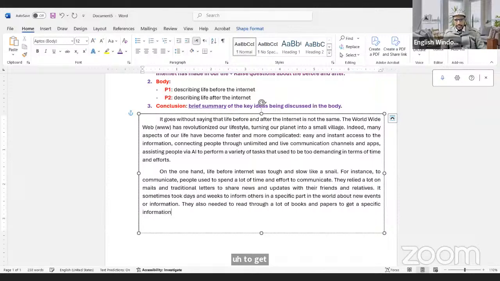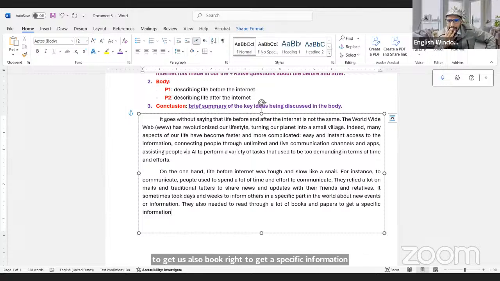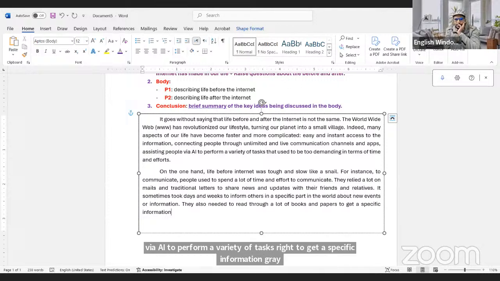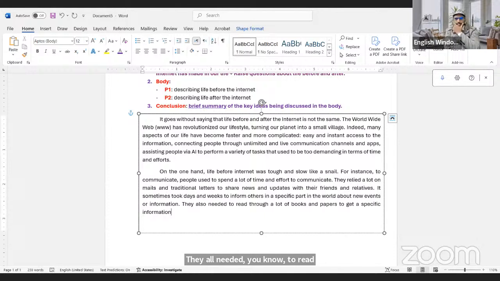They also needed to read through lots of books and papers to get specific information.